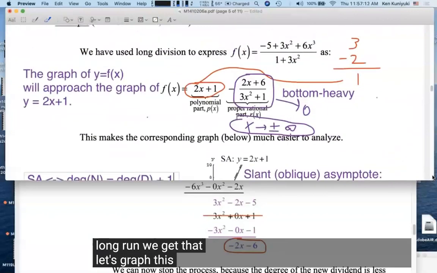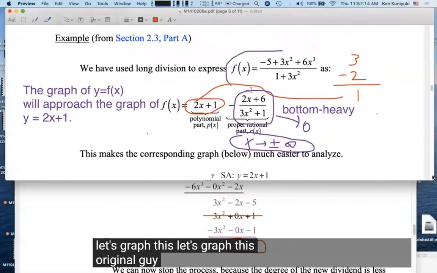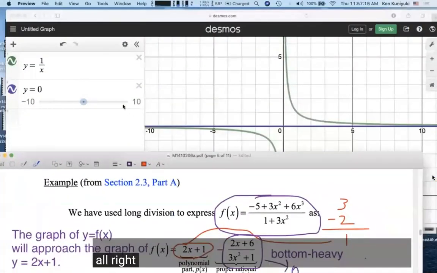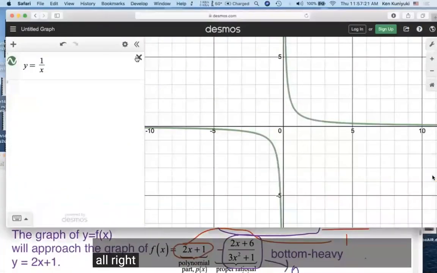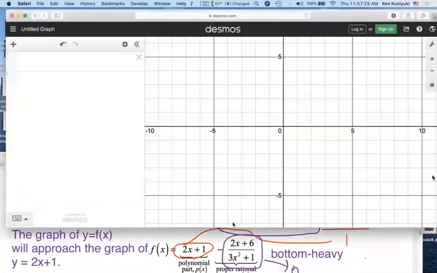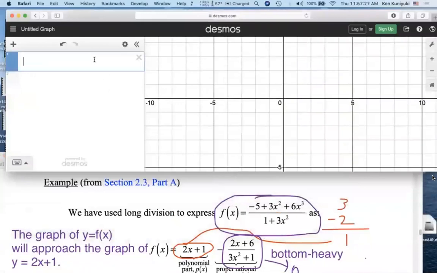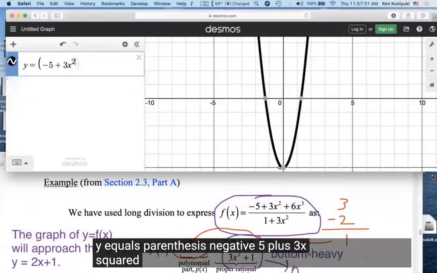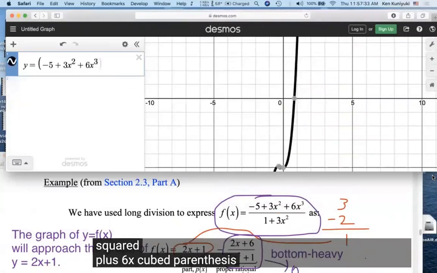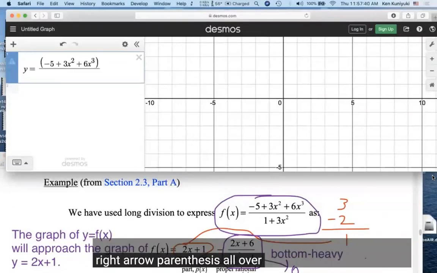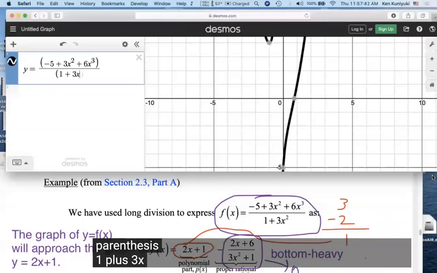Let's graph this original guy using Desmos. So let's graph y equals, parentheses, negative 5 plus 3x squared plus 6x cubed, all over, parentheses, 1 plus 3x squared.